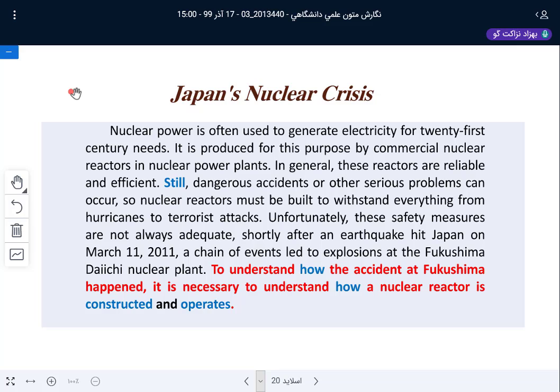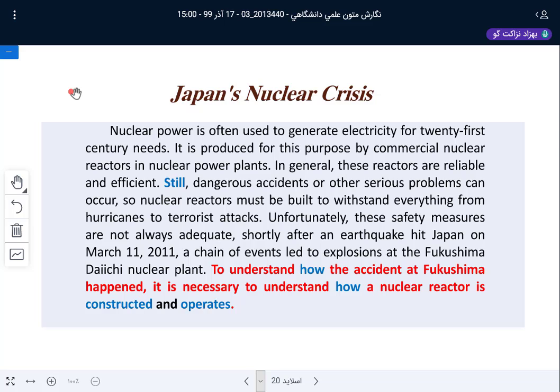So, we try to create background information and actually say why it is used as one of the ways of generating electricity. Okay? Unfortunately, these safety measures are not always adequate.